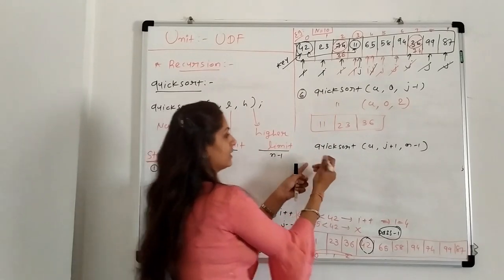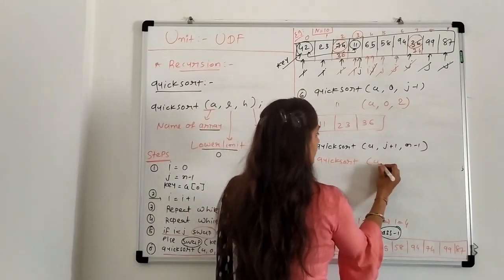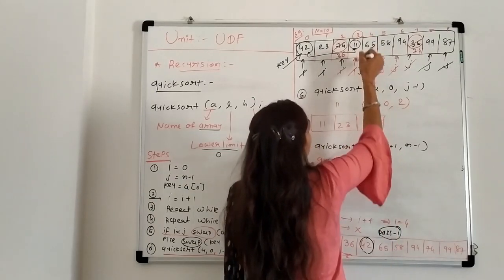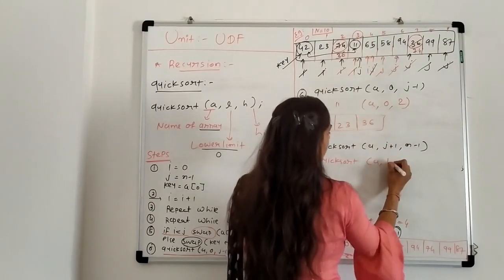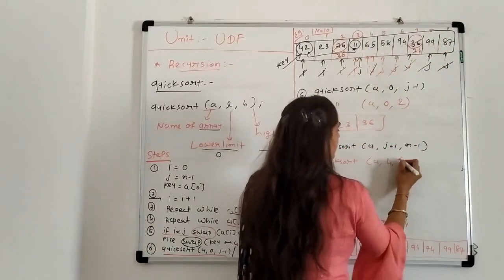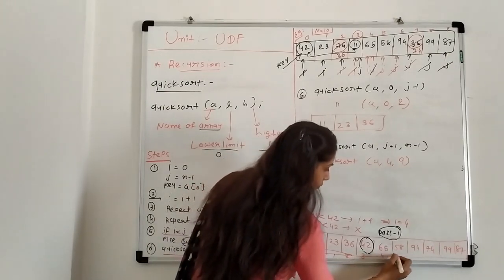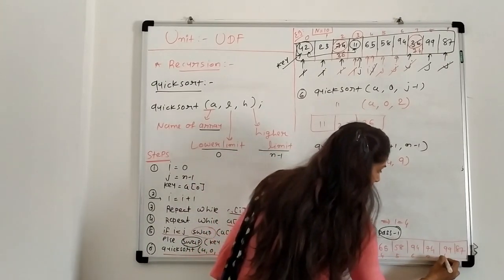And the second part is quick sort A as it is, j plus 1. j is on the third position. So j plus 1, that is 4. n minus 1, where n is 10. So n minus 1, that is 9. So in the array, this is third, 4, 5, 6, 7, 8, 9.